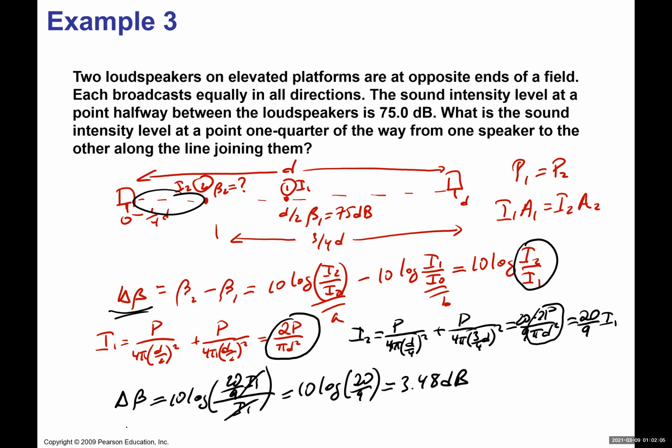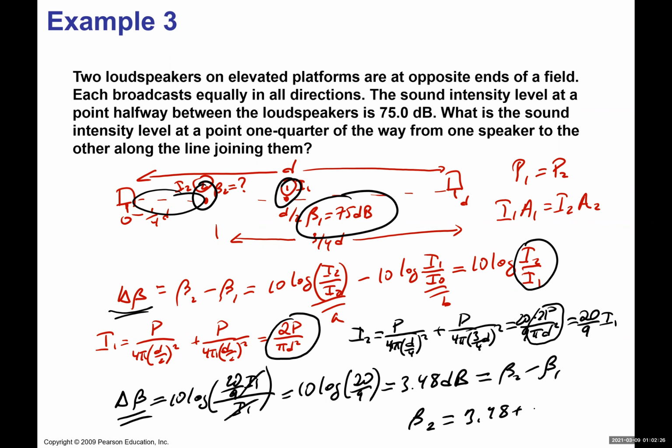That means the change in beta going from point 1 to point 2 is 3.48 dB. This equals delta beta, which was beta 2 minus beta 1. And remember, I do have beta 1, 75. That means beta 2 equals 3.48 plus beta 1, which is 75 dB.